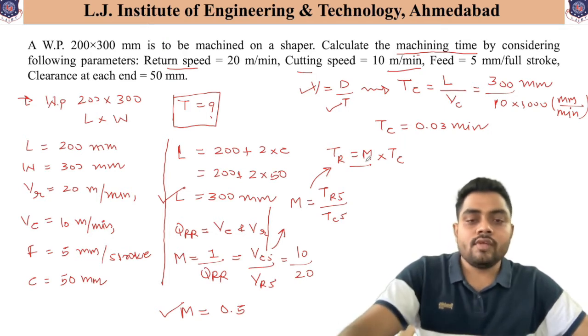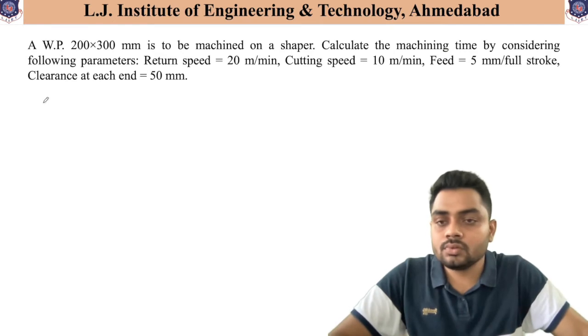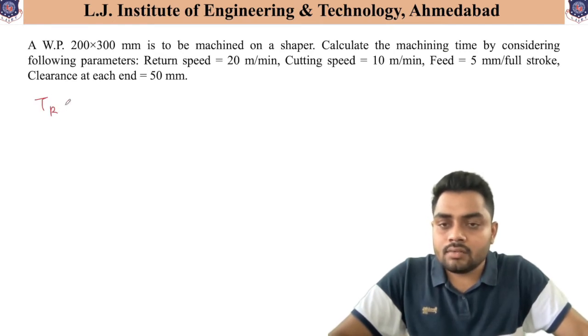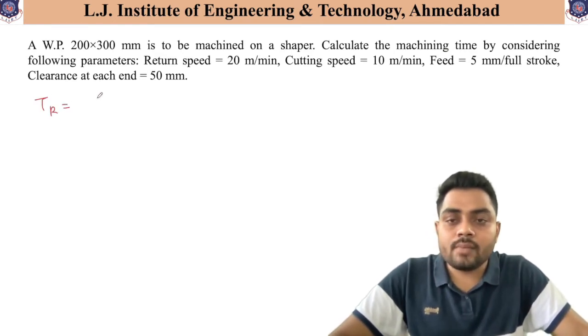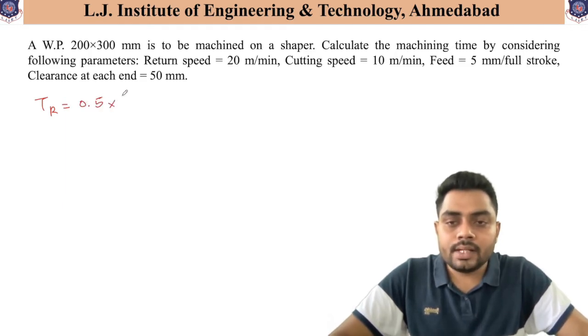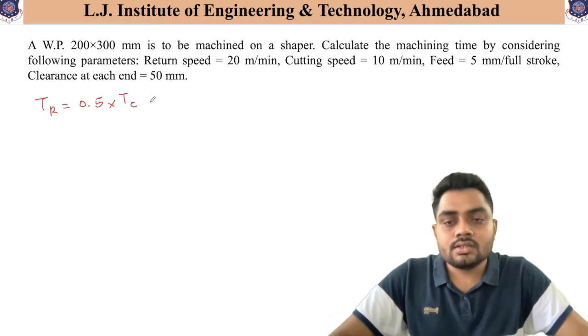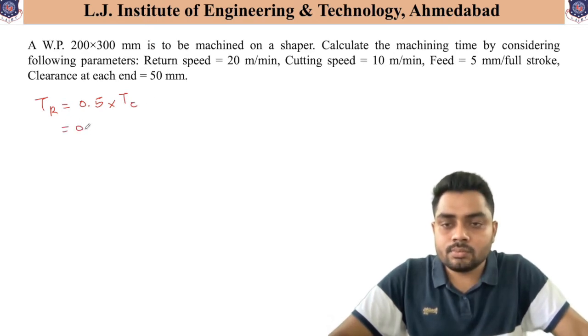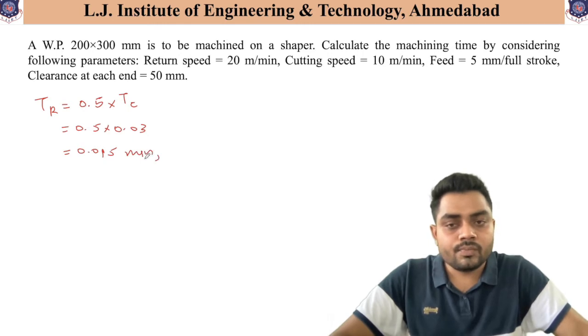So now we will find the time required. The value of m we got as 0.5 multiplied by the time for cutting. So time for return is 0.5 into 0.03, that is 0.015 minute.